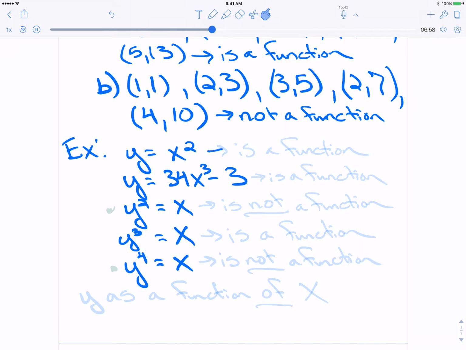So this is a function. And in y equals 3/4 x cubed minus 3, again, if I plug in an x, do I get more than one thing out? No. I can plug in an x and I will always get one thing out. This is also a function.